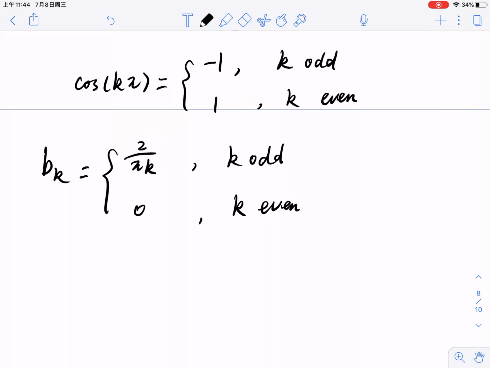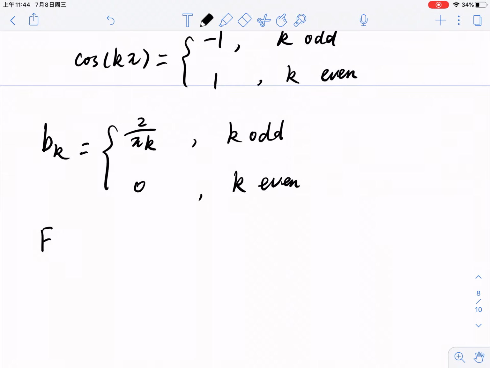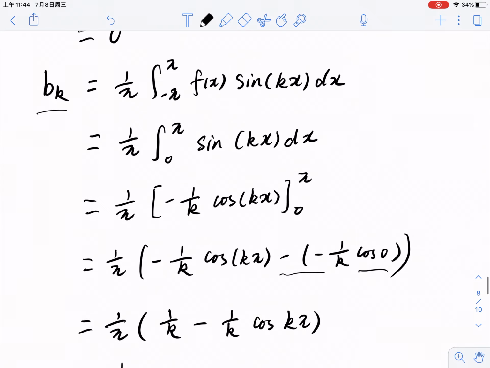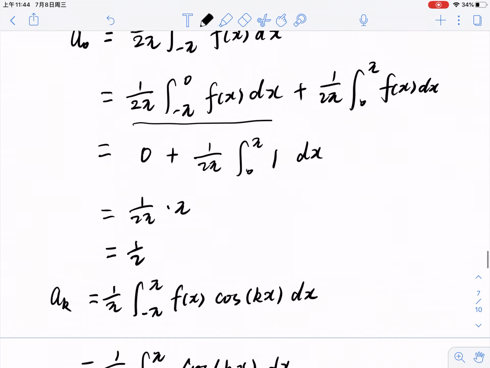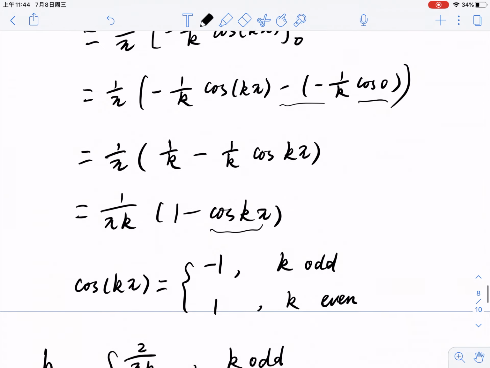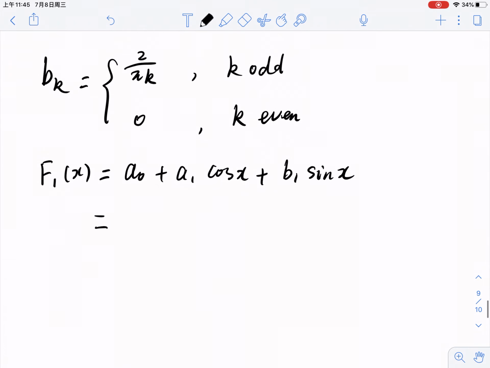So from this, we see that f1(x) is a0 plus a1 cosine x plus b1 sine x, since n is 1. We know a0 is 1/2.